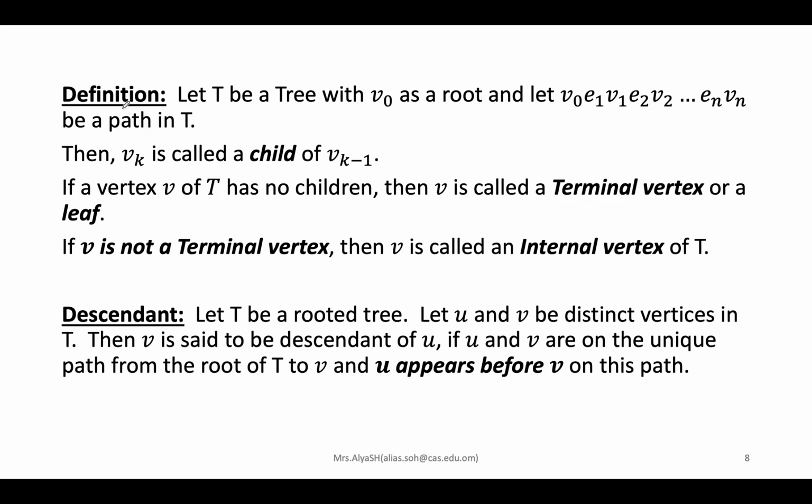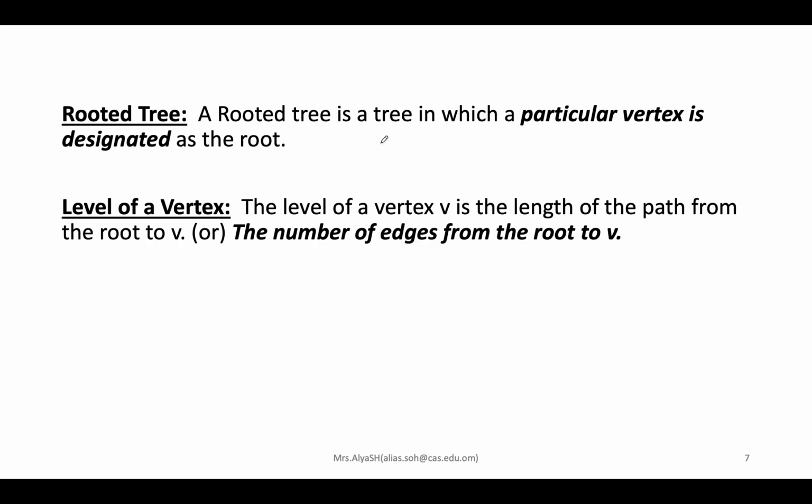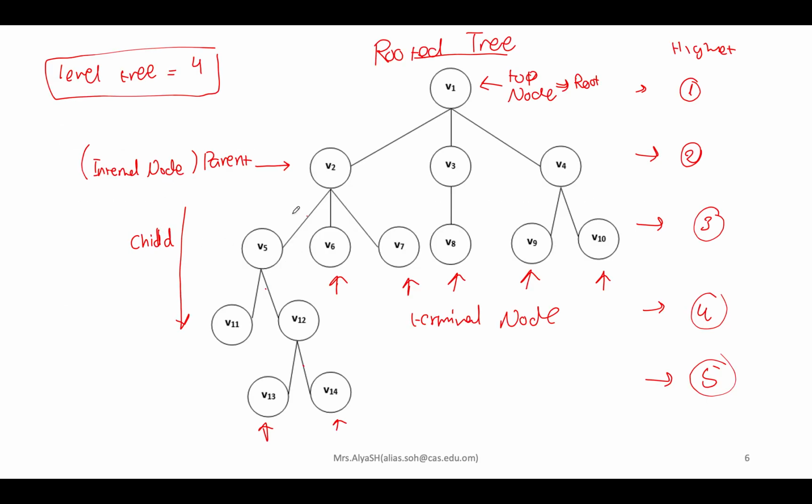Okay, we have a definition here. Let T be a tree with V0 as the root and V0, E1, V1, E2, V2 until Vn is a path in T. Now Vk is called a child of Vk minus 1, and this is what we mentioned here. V5 is a child of V2.